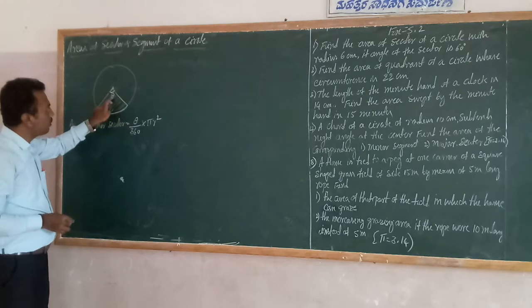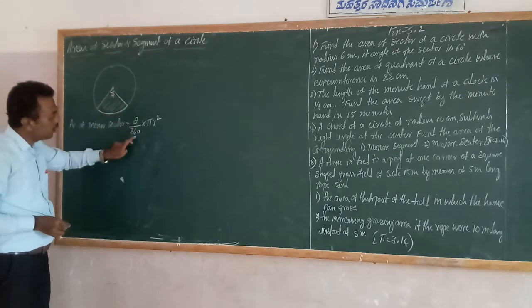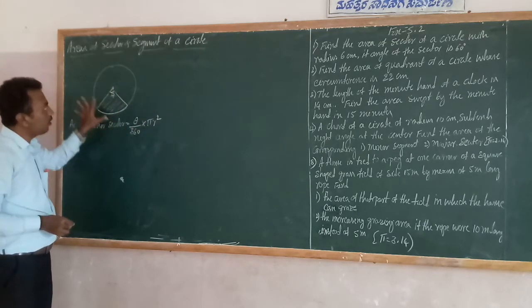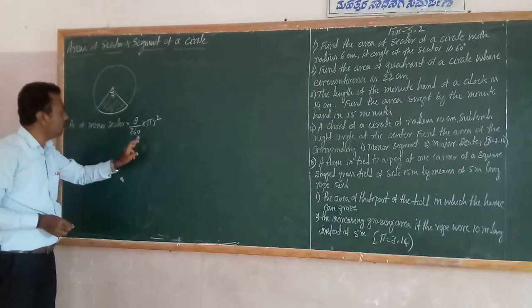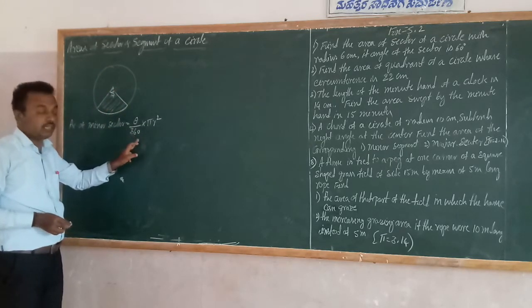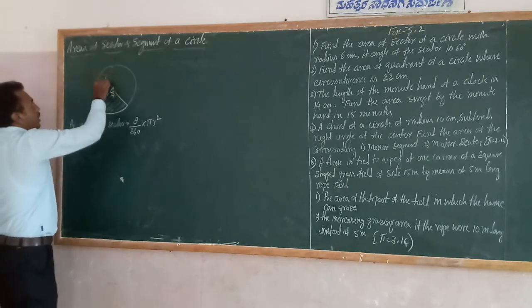Theta means the angle subtended at the center. So theta by 360 into pi r square, where pi r square is the area of the circle. So this is the area of the minor sector.